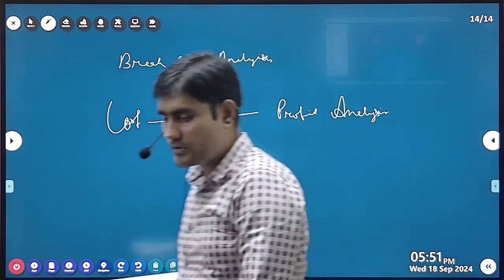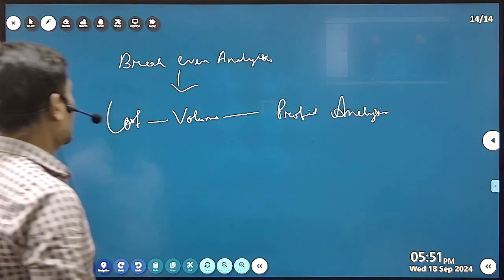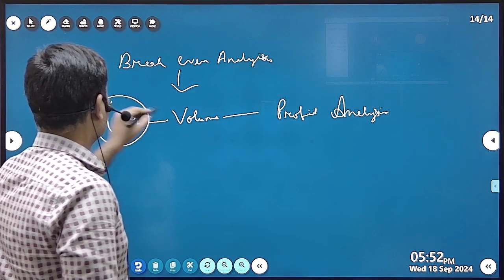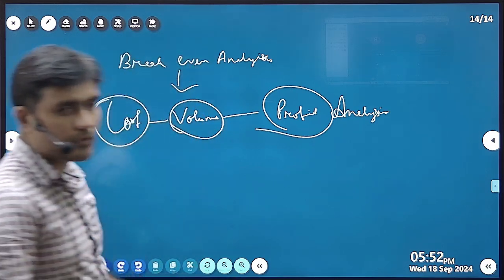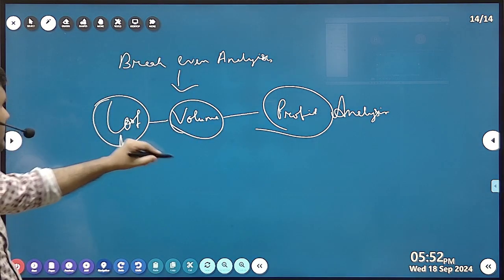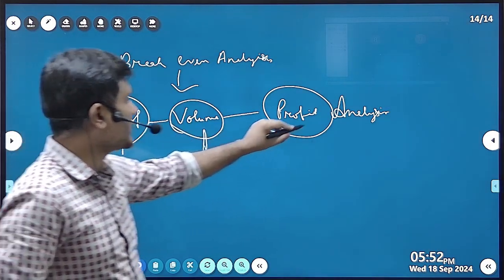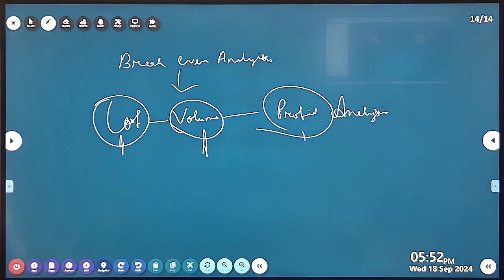Why? Because break even analysis gives us the relationship between cost, volume and profit. If there is any change in cost or volume, there will be a change in profit. So it gives us the relationship between cost, volume and profit. That's why it is known as break even analysis.